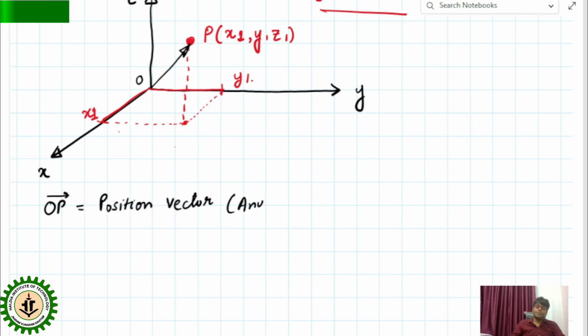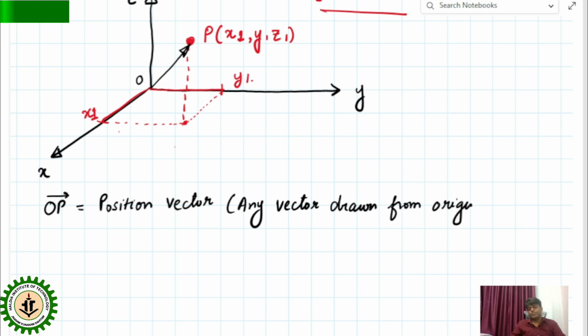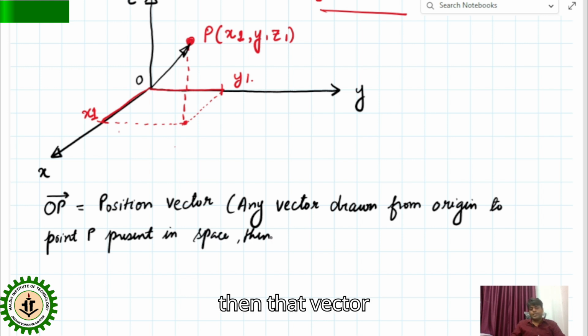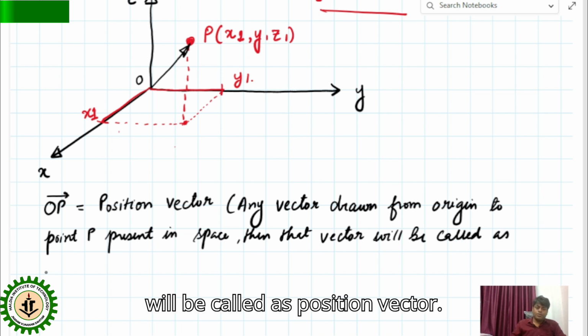So any vector drawn from origin to a point P present in space will be called a position vector.